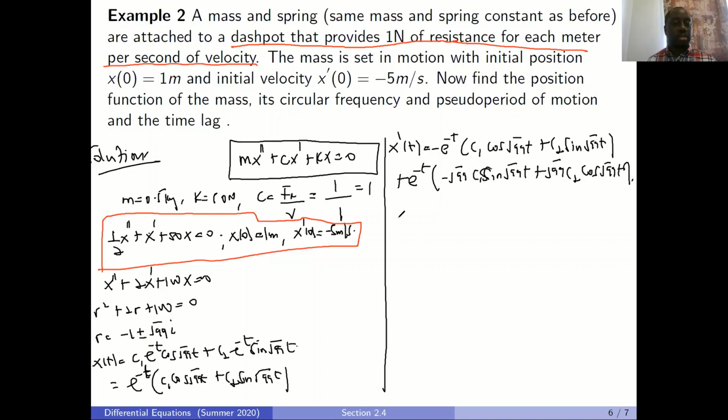If we apply the initial conditions, x of 0 is supposed to be 1, which implies that c1 is 1. And x prime of 0 is supposed to be minus 5, which implies that c2 is minus 4 over square root of 99.